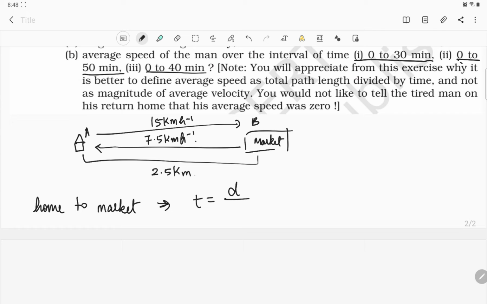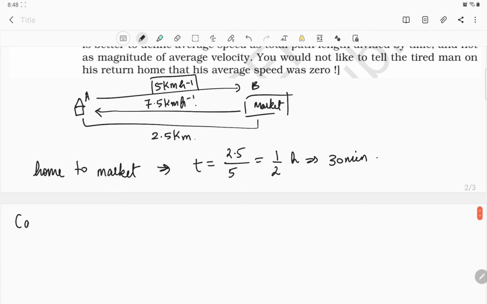Since he is going with a constant speed, here average velocity and average speed in the same direction are going to be the same. So I can write distance by average speed, right? So that will be 2.5 kilometers divided by 5 kilometer per hour, which is 1 by 2 of an hour. What is 1 by 2 of an hour? That is equal to 30 minutes, right?